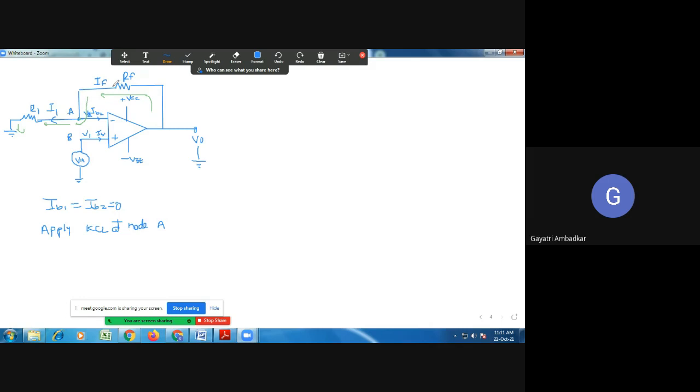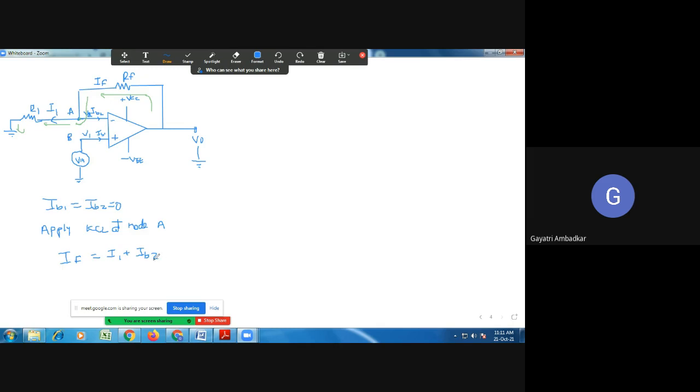Look at node A. Please unmute. IF minus I1. IF is coming toward here. I1 is going out. So first of all, I'll write what are the incoming current IF and what are the outgoing current. So IF is equal to I1 plus IB2. Okay.